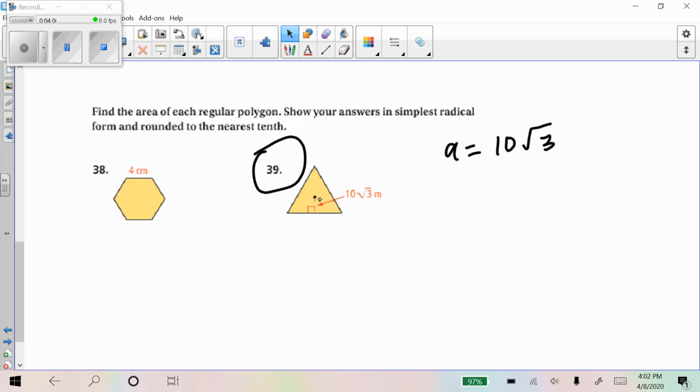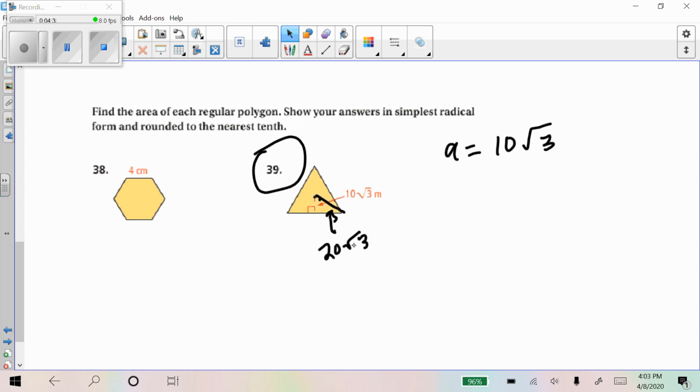So let's draw in a radius on there. Again, that's a 30, 60, 90 triangle. And the hypotenuse of that, which is the line I just drew in, is twice the length of the shorter leg, which is 10 times the square root of 3. So double that and you get 20 times the square root of 3 for that hypotenuse.